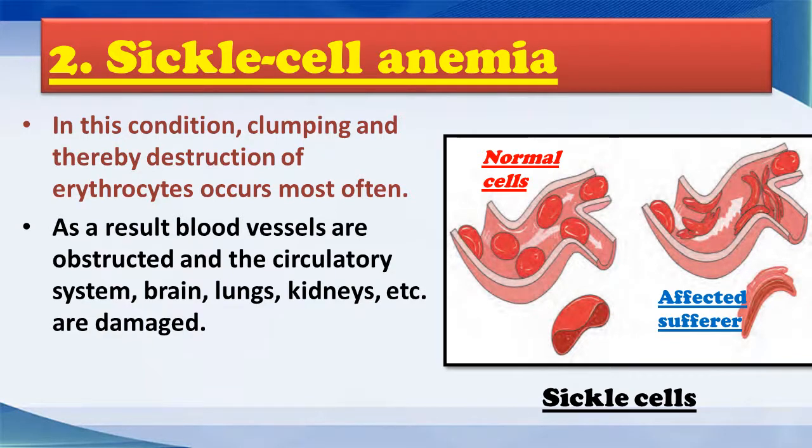That means if organs like brain, lungs, kidneys do not get proper blood supply and proper oxygen, then these organs become damaged due to lack of supply of blood and oxygen.